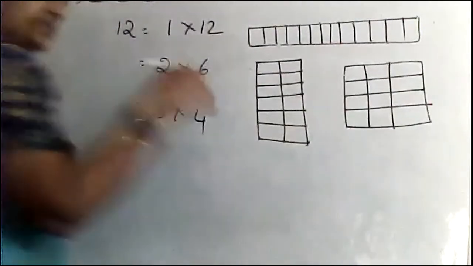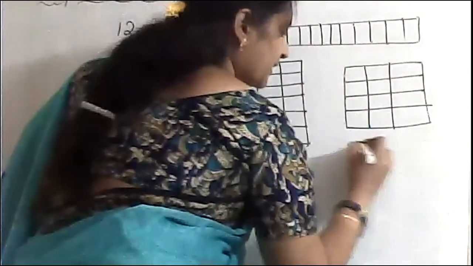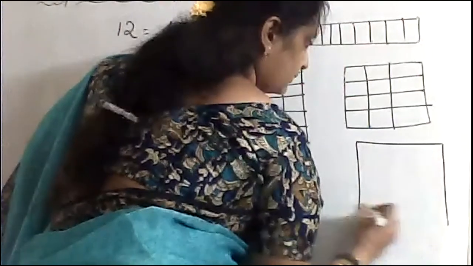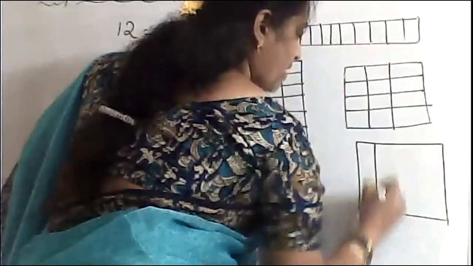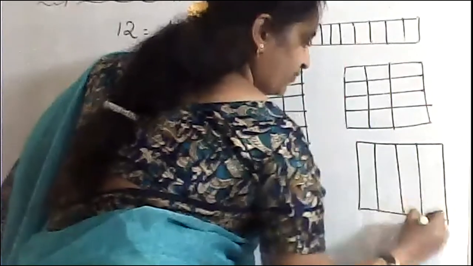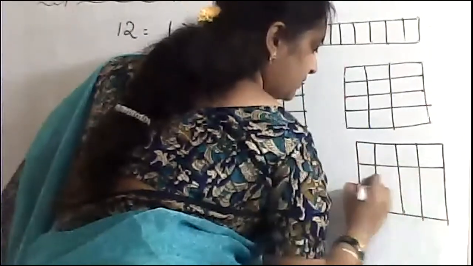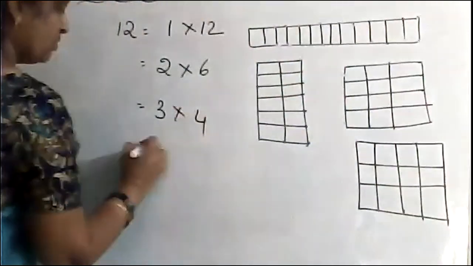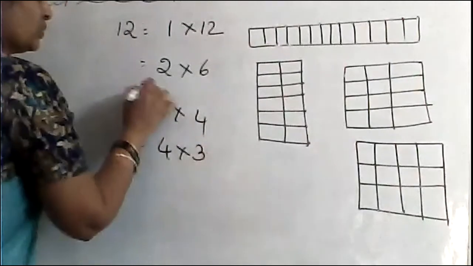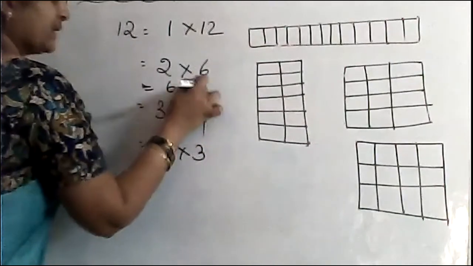Otherwise, 4 into 3 you can do. 1, 2, 3, 4 columns, 1, 2, 3. So 4 into 3 we can do. Like that, 6 into 2 we can do.